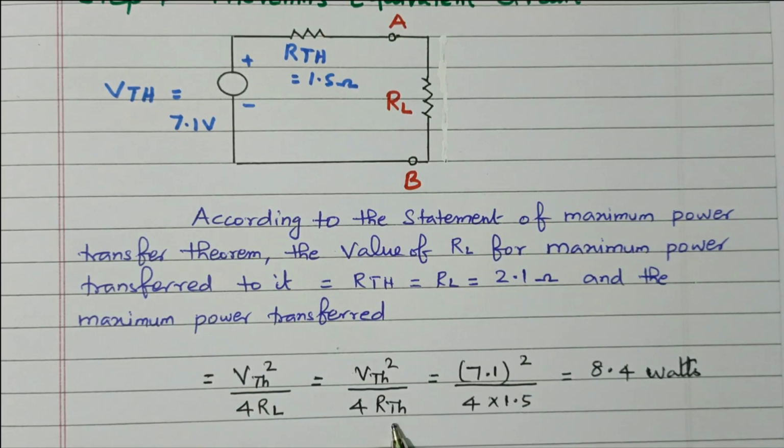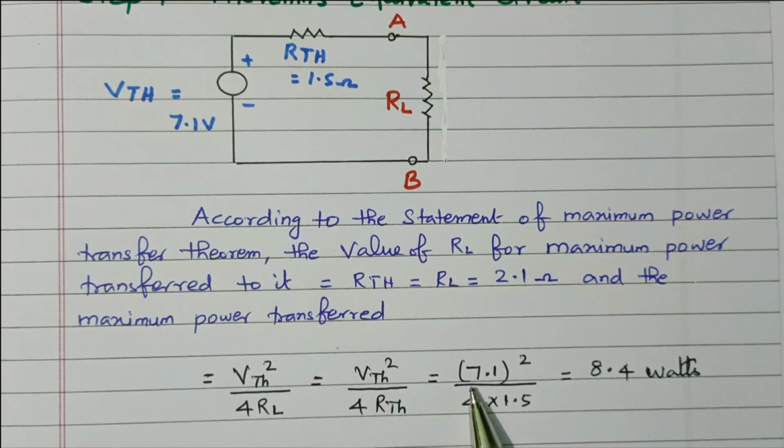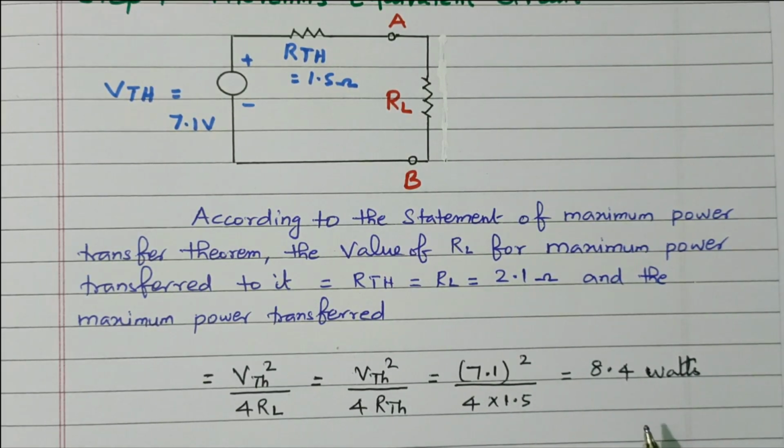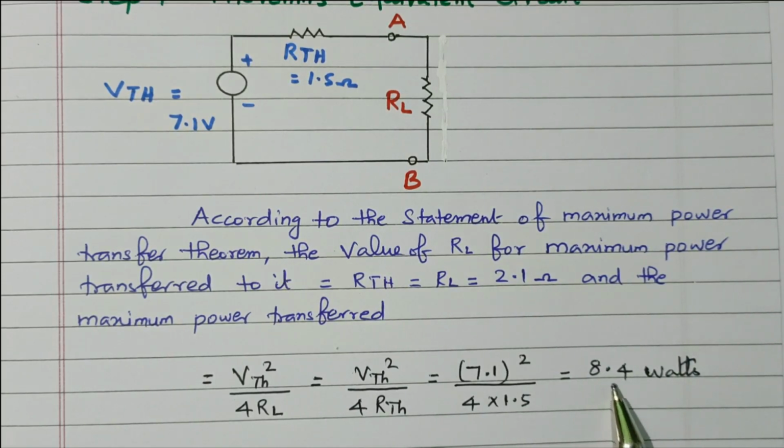This RL is nothing but RTH. Both are equal. So VTH square divided by 4RTH. That is equal to 7.1 square divided by 4 into 1.5. That is 8.4 watts. So maximum power delivered to the load is 8.4 watts.